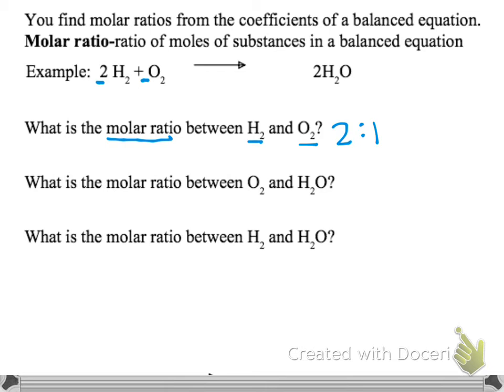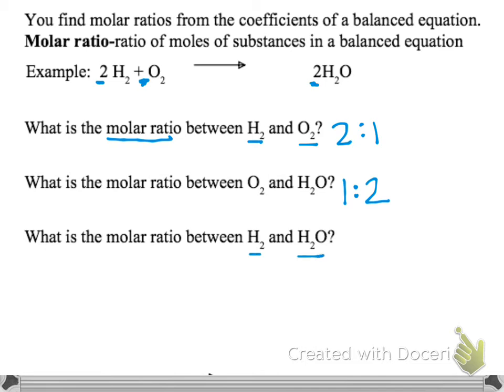The mole ratio between O2 and H2O, you're going to compare the coefficient of O2 to H2O. And so for every one O2 you have 2 H2O. So your ratio between O2 and H2O is 1 to 2. And then the last one is asking for the molar ratio between H2 and H2O.